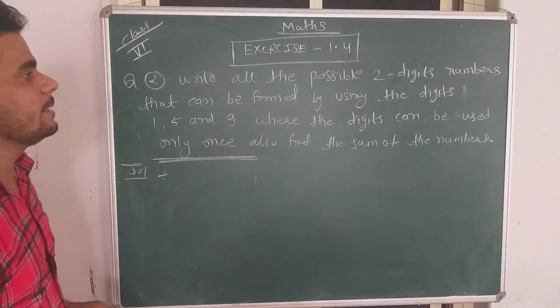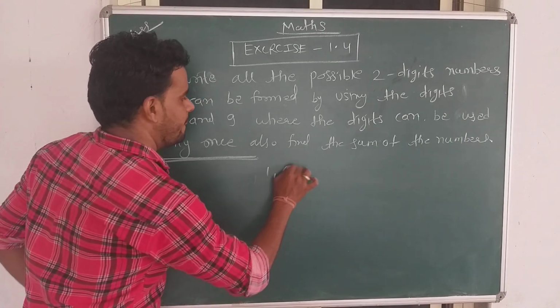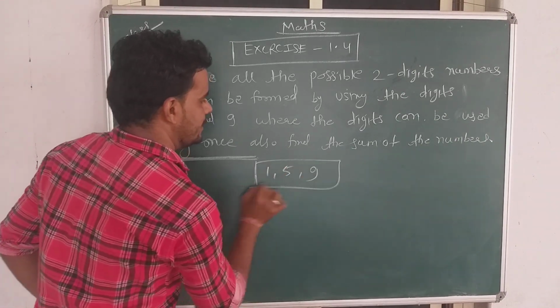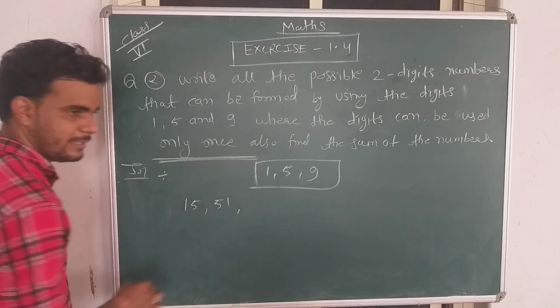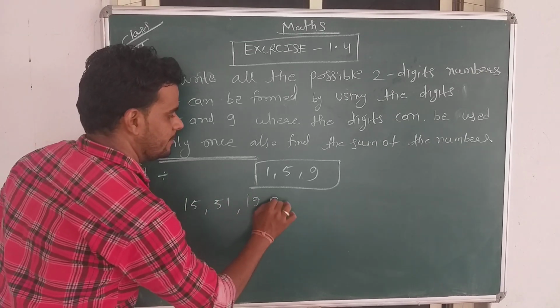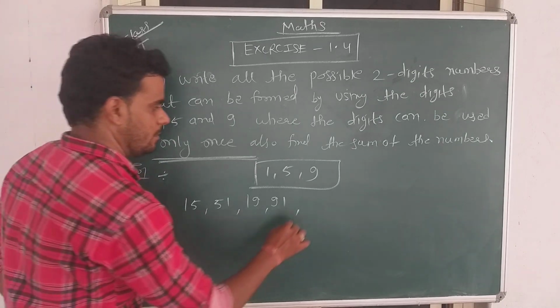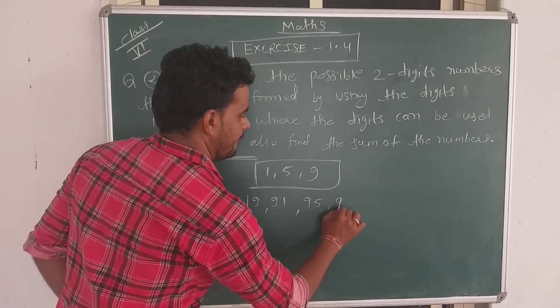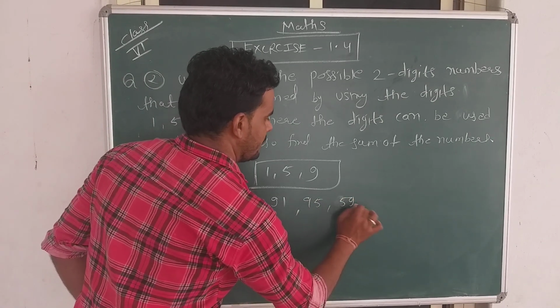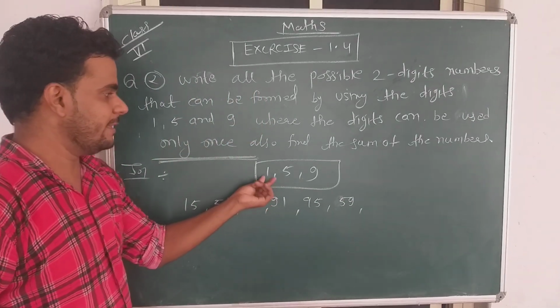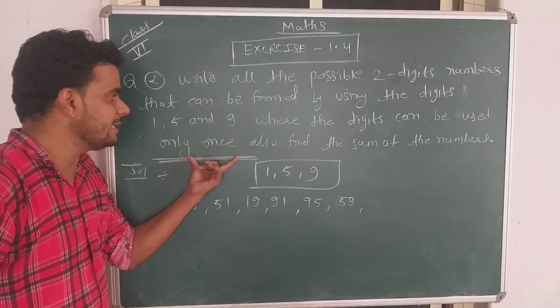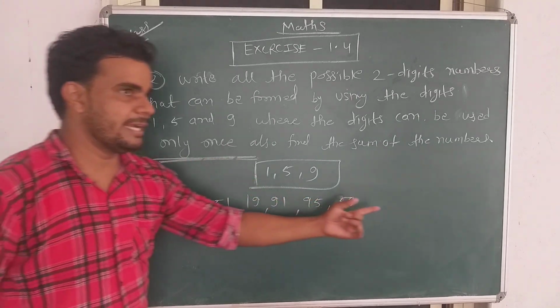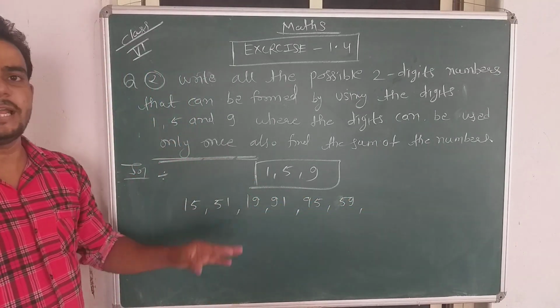So first we will write the numbers from the digits 1, 5 and 9. Our numbers are 15, 51, 19, 91, 95, 59. Okay, and 11, 55 and 99 are also there, but each digit is used only once, so we can't write 11, 55 and 99.